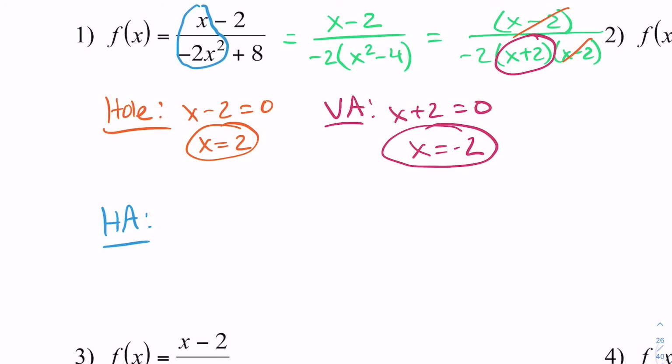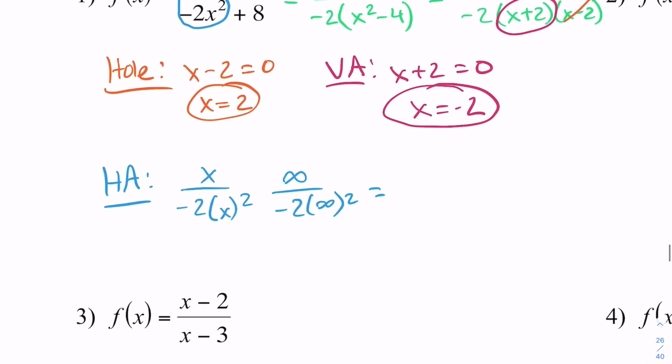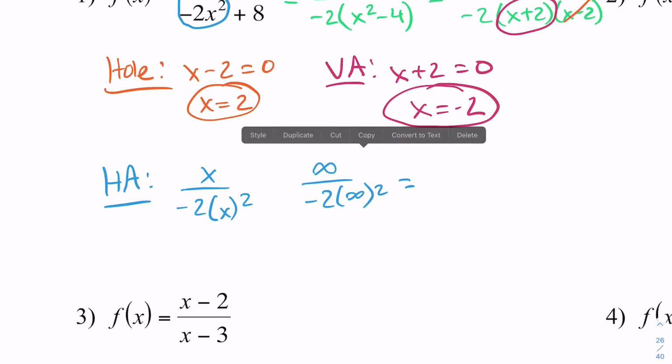Okay, interesting. I get x over negative 2 x squared. So it's going to be infinity over negative 2 infinity squared. No. Let me get rid of infinities here. What I should be doing is the approximate symbol, because we can never get to infinity.